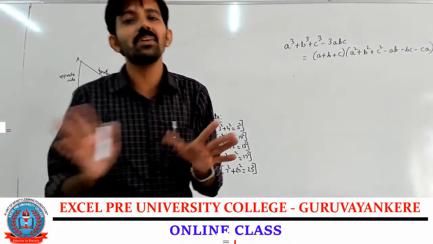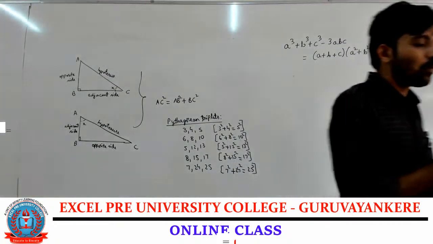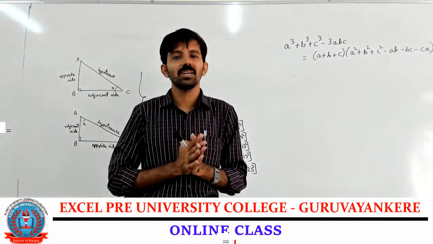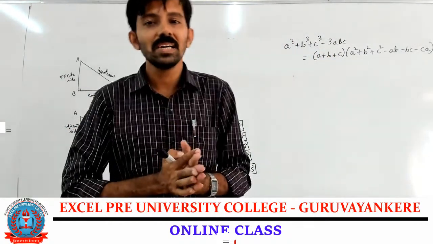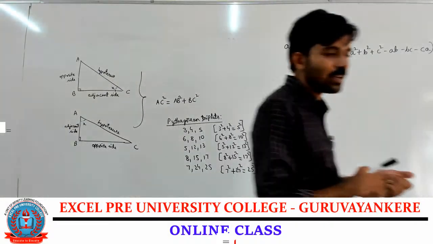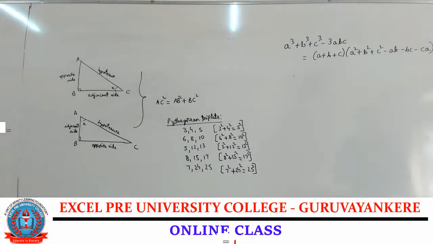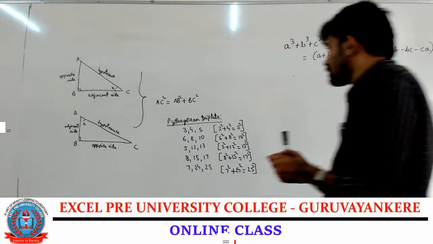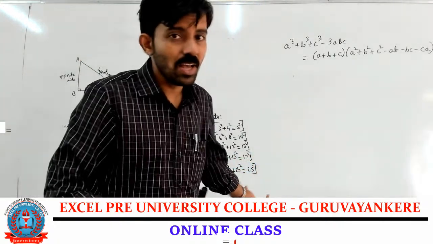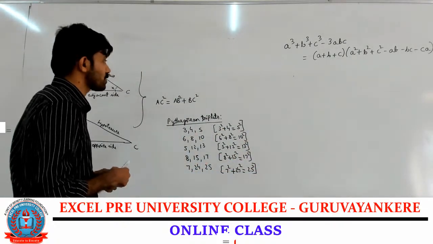At least learn the perfect squares till 400, those required to work out the problems. Calculations become fast if you memorize them. And please learn these familiar Pythagorean triplets.